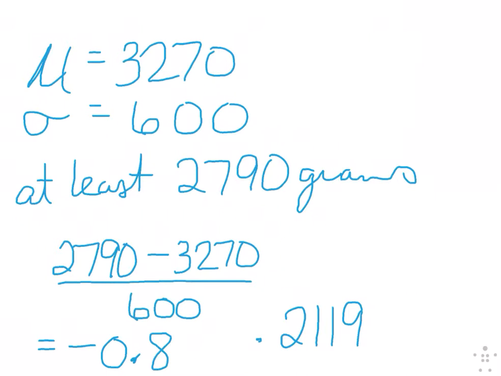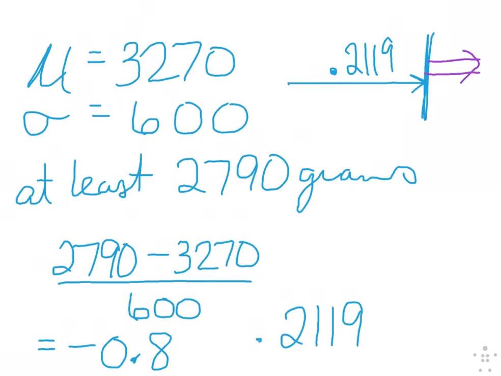The reason is that the chart reads from left to right. So that would be 0.2119 up to this point. But you told me that at least means greater than that number. Greater than would go this direction.